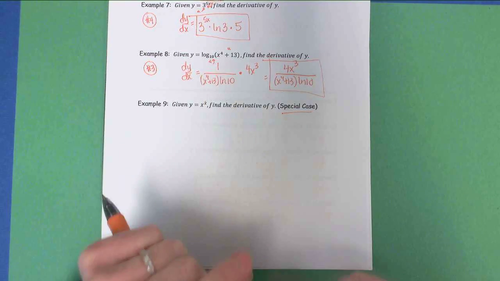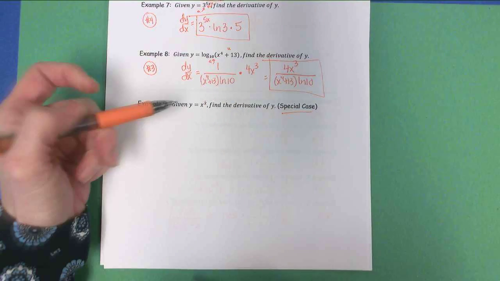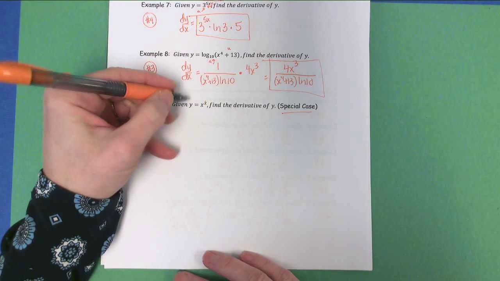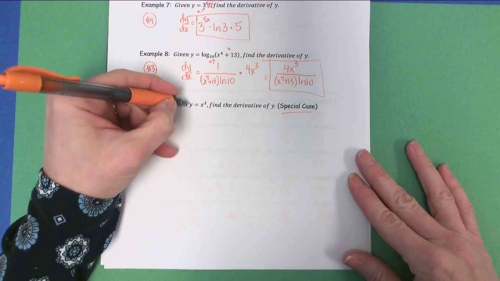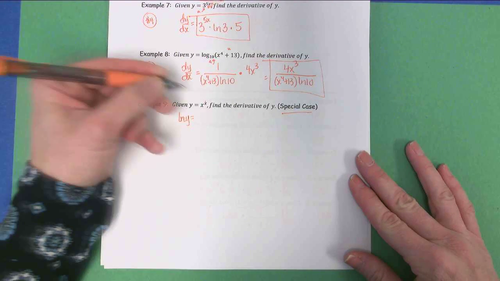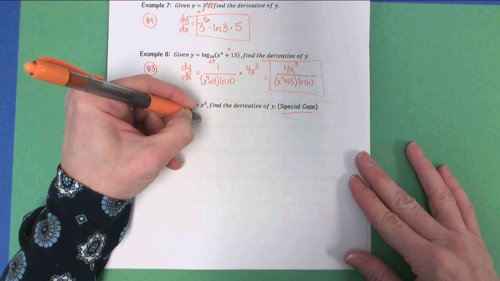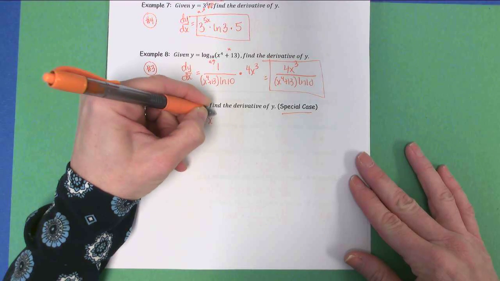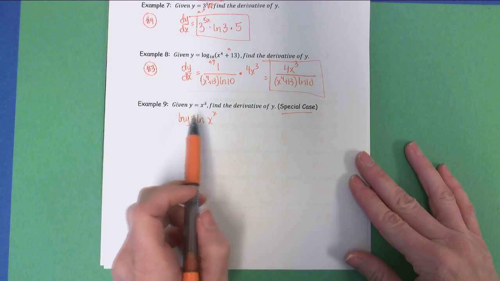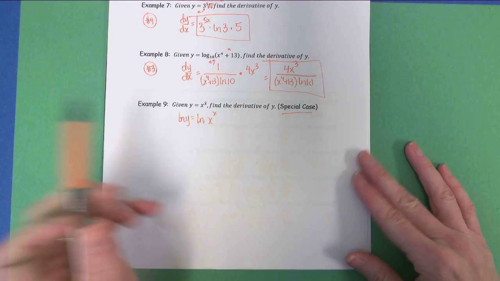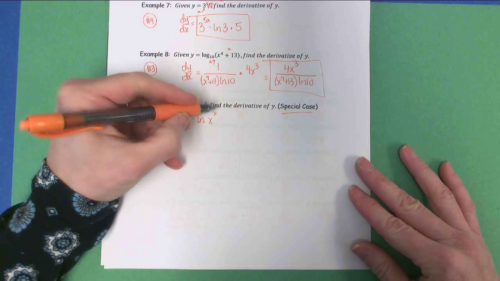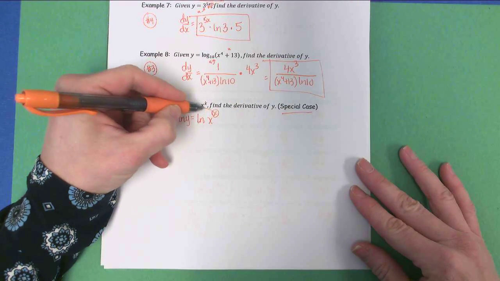You actually take the natural log of both sides of the equation. So you're going to have to think back to your prior knowledge on natural logs. If I take the natural log of y, that's ln of y, and if I take the natural log on this side, I'm going to have ln of x to the x. Now there is a property of logarithms that says that when you have the natural log or the regular log of a base raised to a power, the exponent can come down to the front.